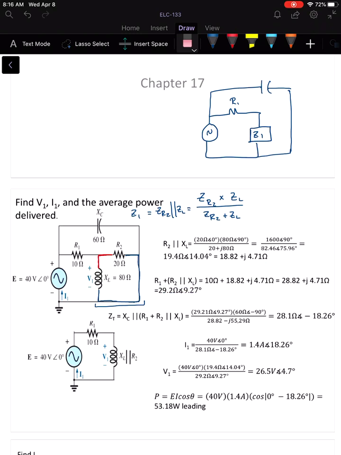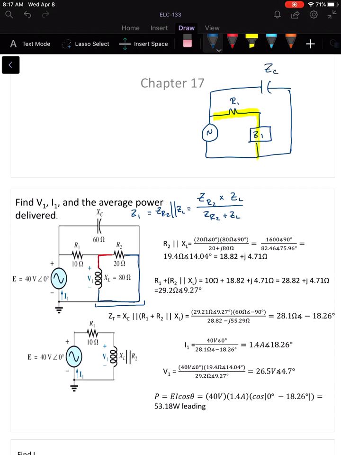Once we combine these impedances in our circuit, notice that will then be in parallel with our ZC.